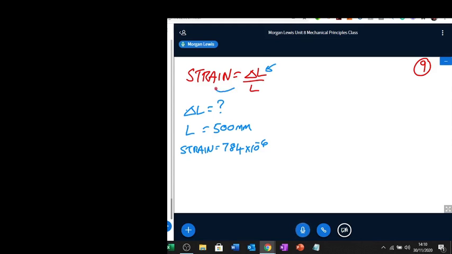We don't know what this is, but we'll rearrange the formula. I'm going to times both sides by L. So strain times L equals change in length.